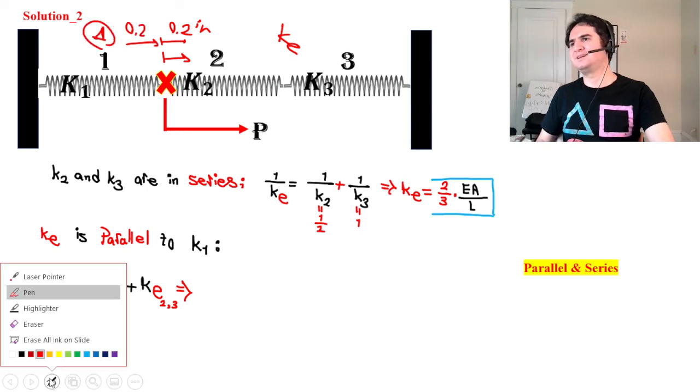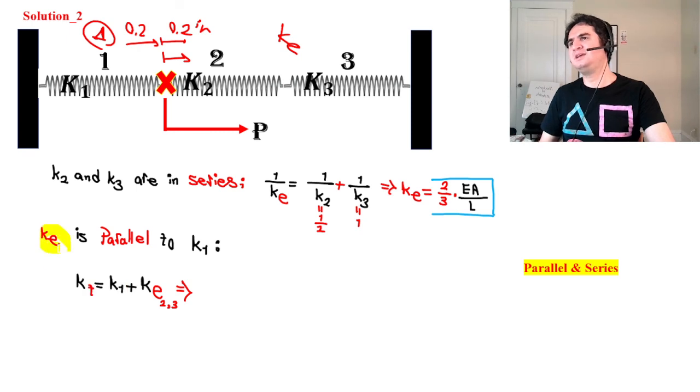So K equivalent of 2 and 3 is parallel to K1, and in parallel, KT is K1 plus K equivalent of 2 and 3.